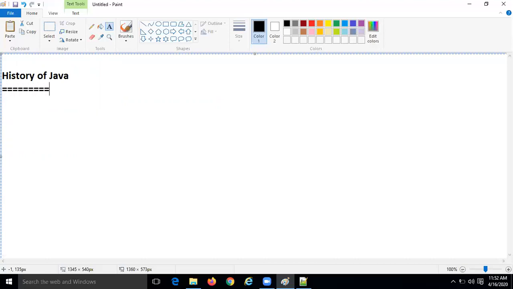So prior to Java, many programming languages are there. Agree? Yes. C language is there. C++ is there. Pascal is there. COBOL, Common Business Oriented Language. Like COBOL, we have BASIC, Beginners All-purpose Symbolic Instruction Code.